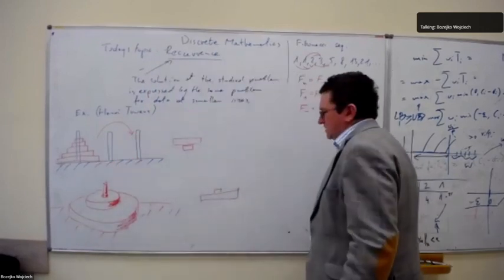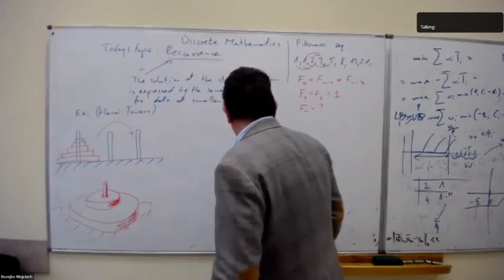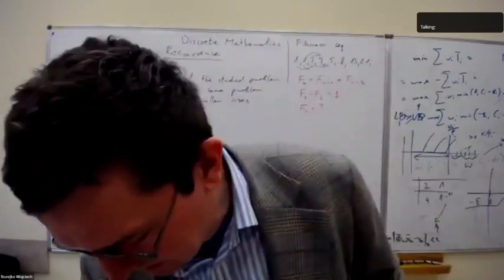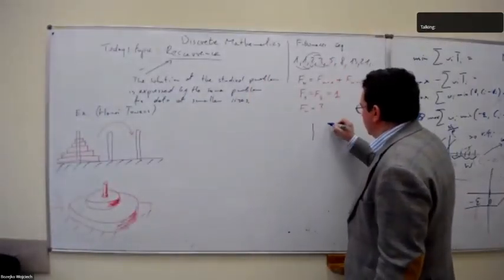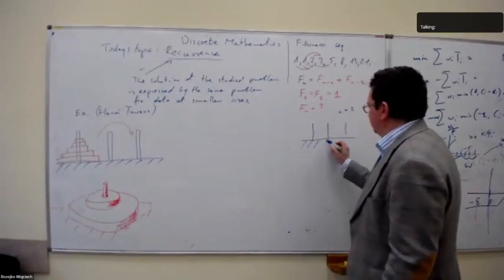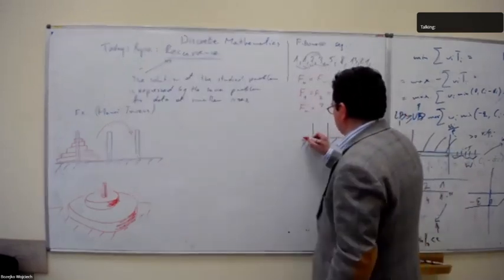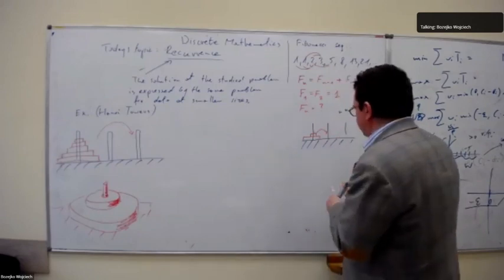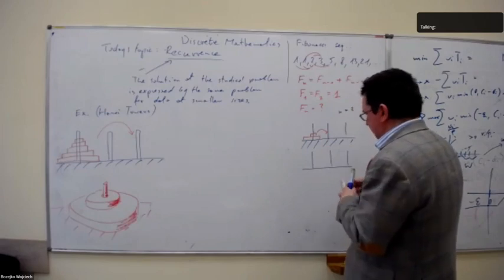Of course, for smaller sizes we can show it easily. I think it is quite easy for two of them. Let us try, or three. For n equals 2, we have such a situation. We put this one here, obtaining something like this.